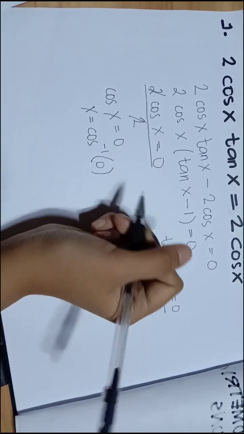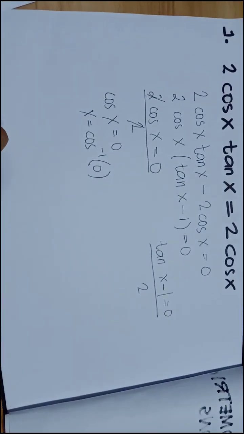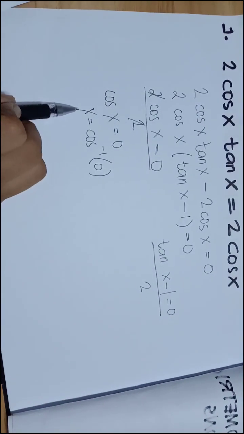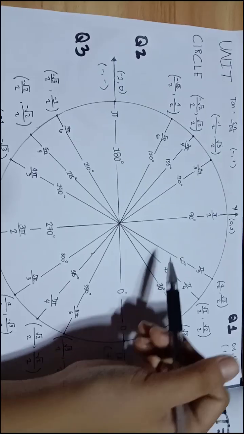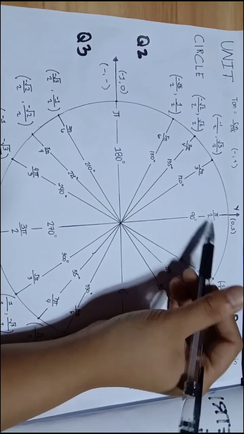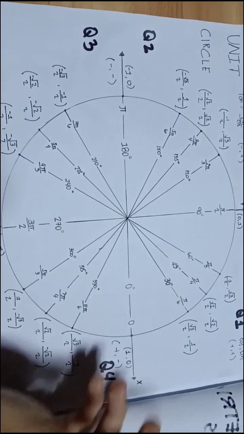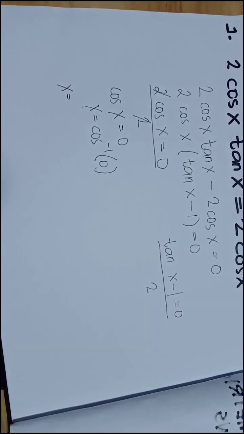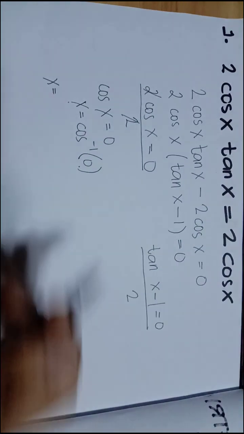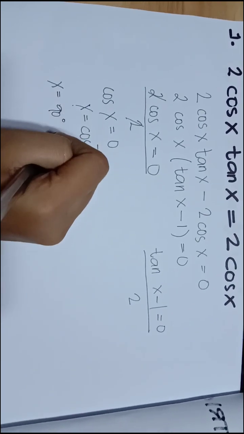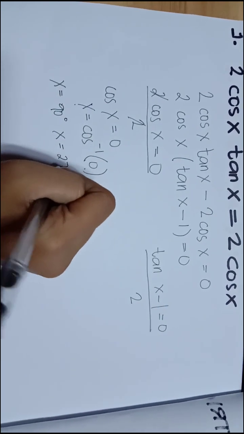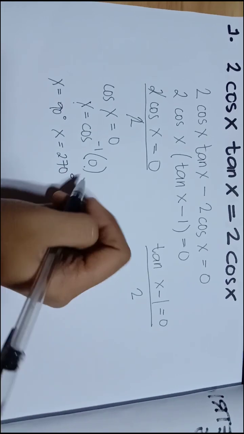So the value of x now is what? Okay, let's take a look at the unit circle. So, it is 90 degrees and 270 degrees. The value of our x is 90 degrees and the other value of x is 270 degrees.